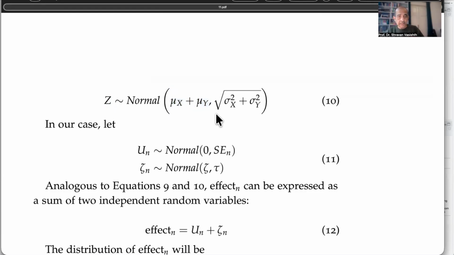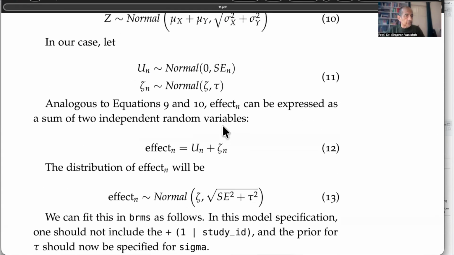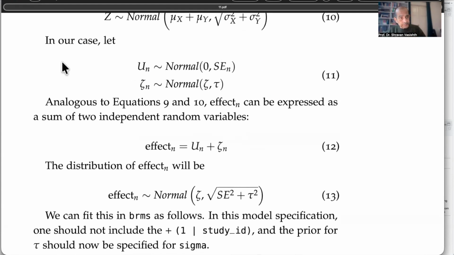And the standard deviation will be this term here: the two standard deviations squared, summed up, with the square root taken to get to the standard deviation. This is also what we do when we do a two-sample t-test, by the way. Same situation there. Okay, so in our case, what this means is that we set up the following scenario.